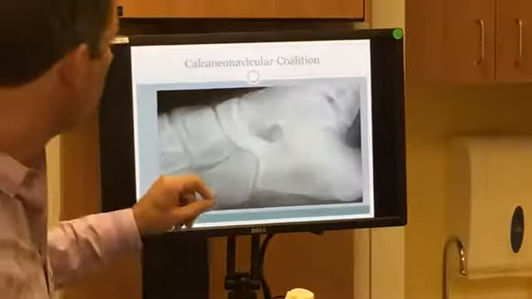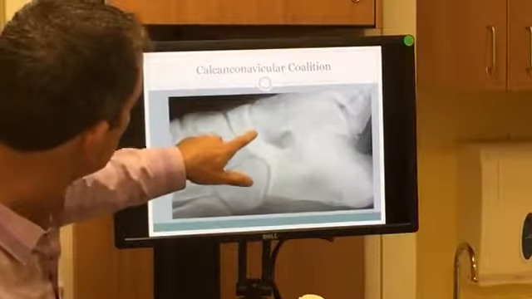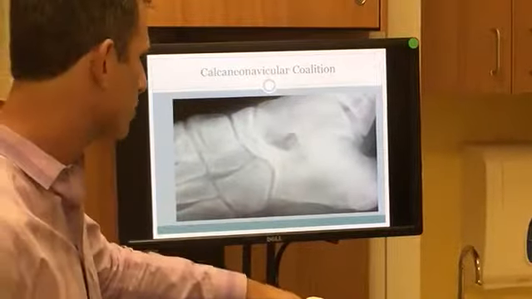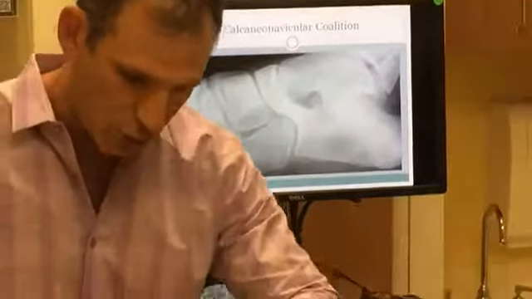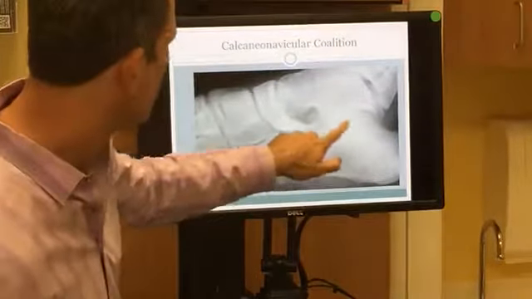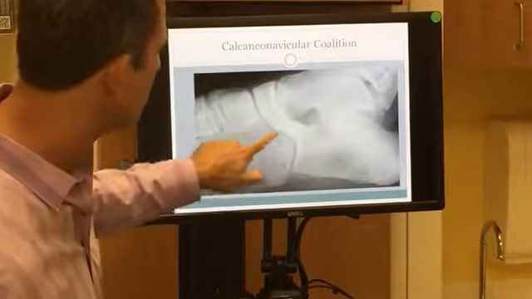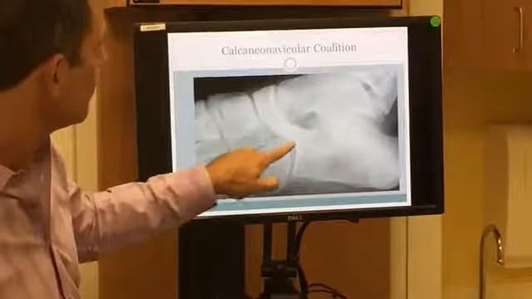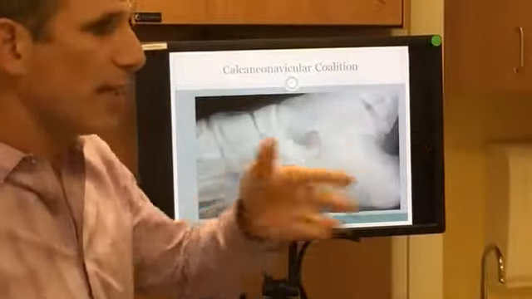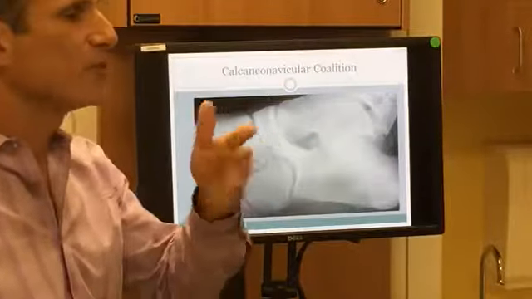Beautiful. So the two bones involved here are the navicular bone, which is kind of the biggest bone that traverses across the middle of the foot, and the heel bone. This bridge right here between the navicular and the heel bone is not normal. There's supposed to be free space in there, a normal joint, so that the heel can swing back and forth and in and out.